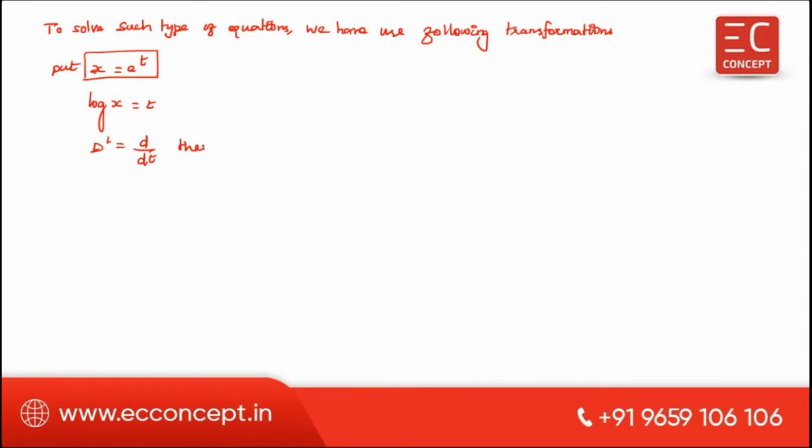Then we have x into d, which is equal to d dash, x square into d square, which is equal to d dash into d dash minus 1, and x cube d cube, which is equal to d dash into d dash minus 1 into d dash minus 2. This is the way to simplify or transform the linear differential equation.